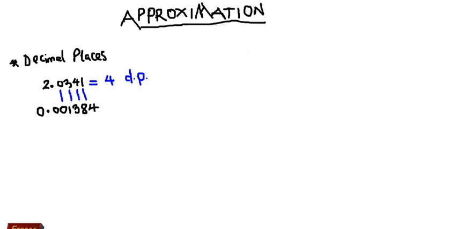Okay, so if we have a number like this one, 0.0013847, then we'll say this particular number has 1, 2, 3, 4, 5, 6, 7 decimal places. So this one has 7 decimal places.